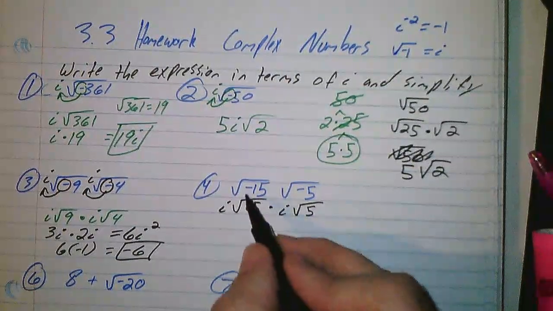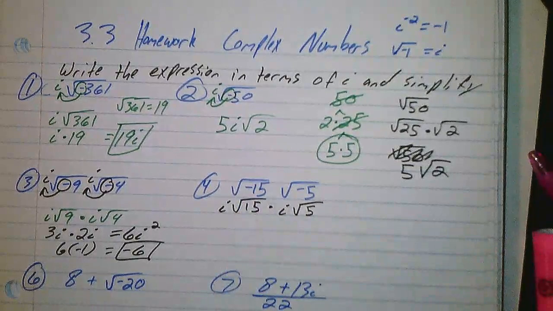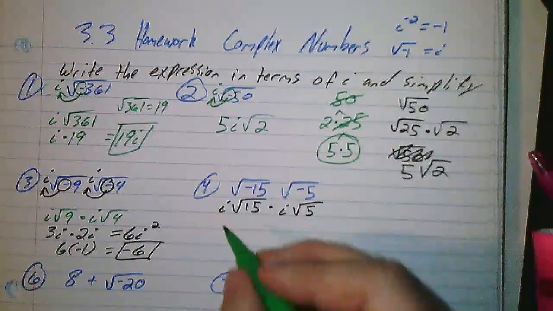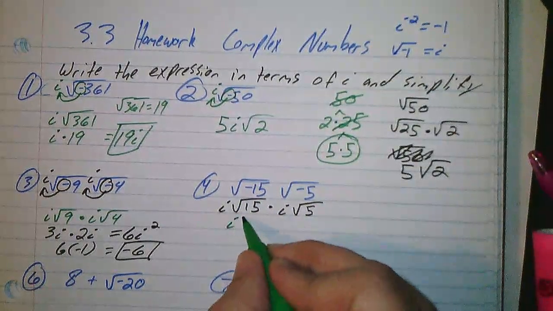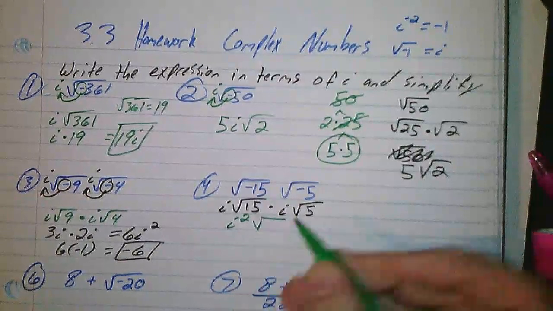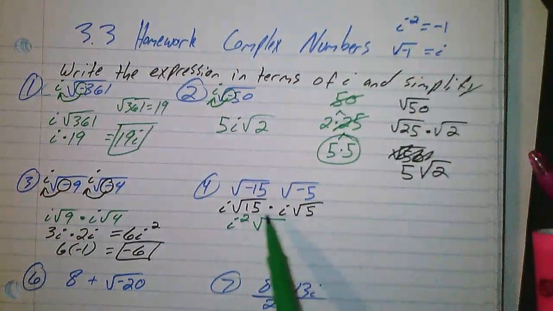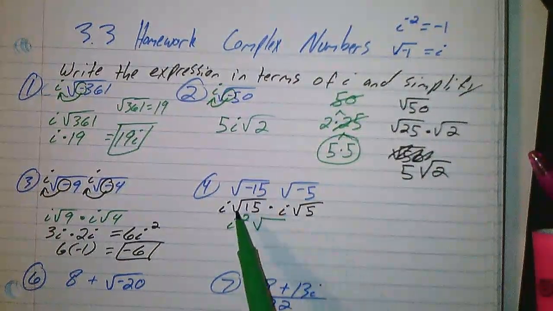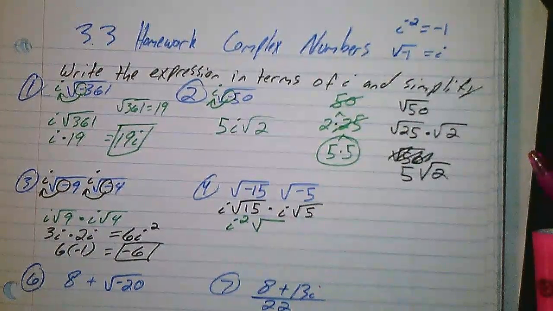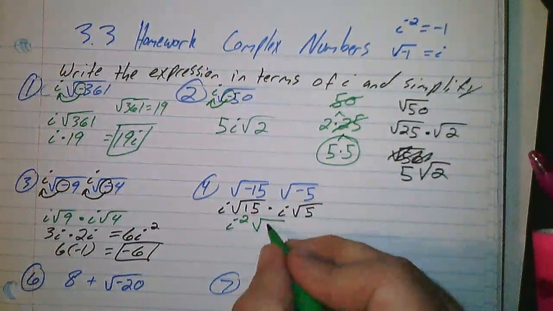So again, we pulled out the negative as i. i times i is i squared. And when I multiply two radicals, if they have the same index, like two square roots, we can multiply those. And 15 times 5 is 75.